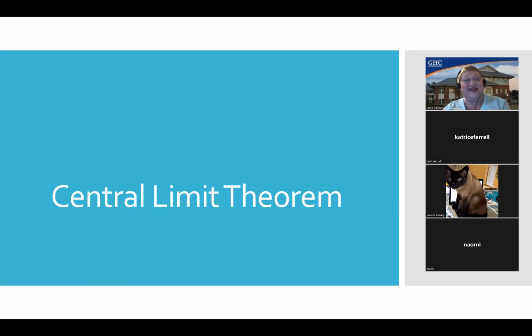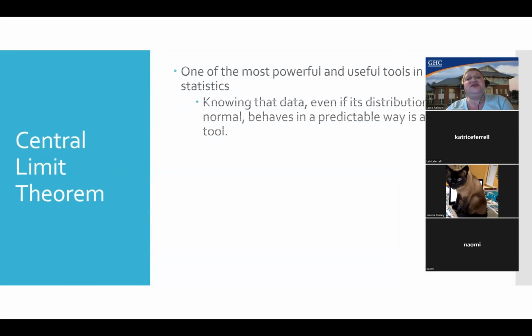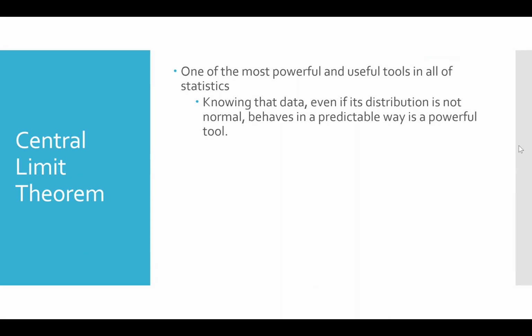Because it's actually a neat application, or a neat theorem that is very, very powerful and very, very useful in statistics, which is actually where we start. So the central limit theorem is one of the most powerful and useful tools in all of statistics.